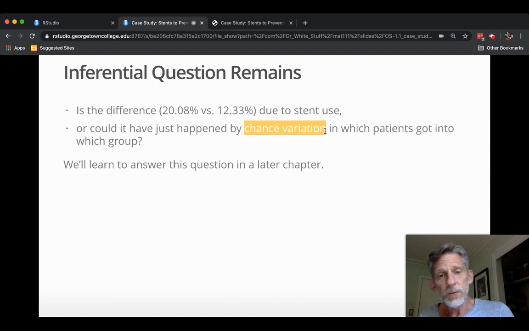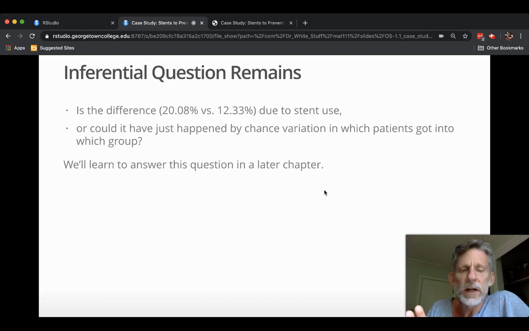Because when you start with these 451 people, they're not all going to have the same outcomes. Some of them really are at more risk for stroke than others. Some of them are much worse off than others. And what if just by chance, the people who were really going to have the strokes happen to more often get placed into that treatment group where there's stents?